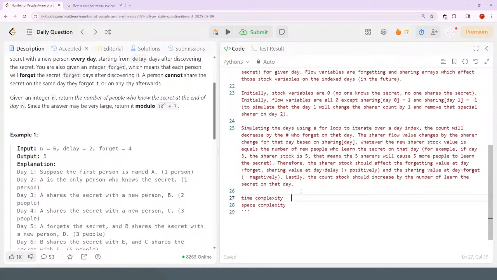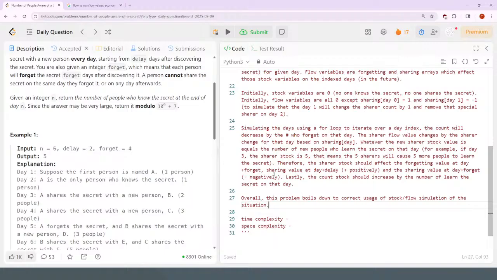Okay, so overall, this problem boils down to correct usage of kind of a stock/flow simulation of the situation.